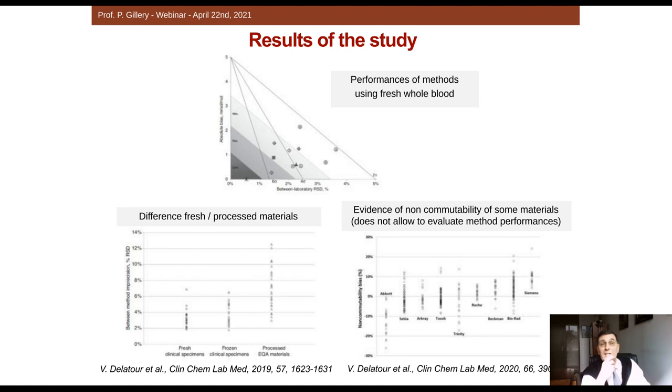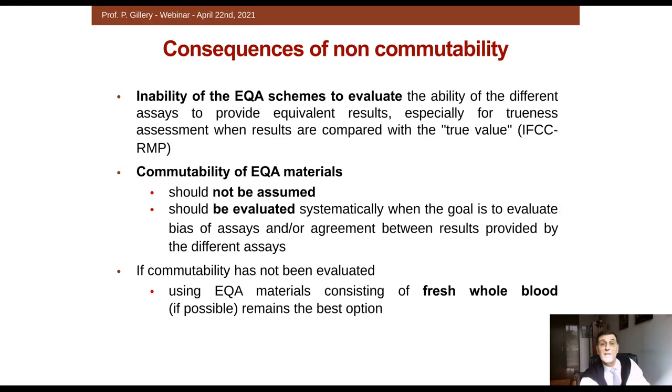It shows that if the materials are not commutable, it is not possible to evaluate method performances, but it just demonstrates that the material is not convenient for quality control trial.